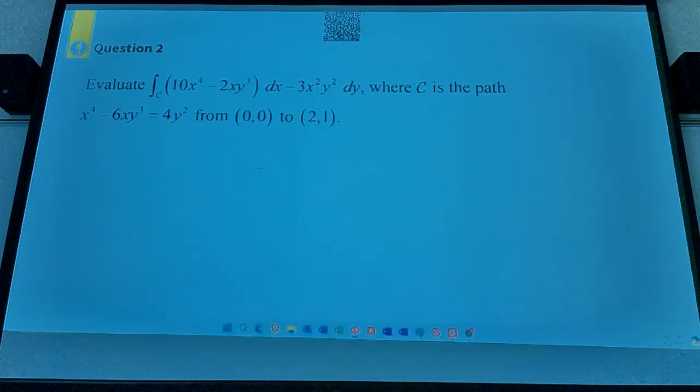Let me evaluate this line integral. C is the path x to the fourth minus 6xy cubed equals 4y squared from (0, 0) to (2, 1).